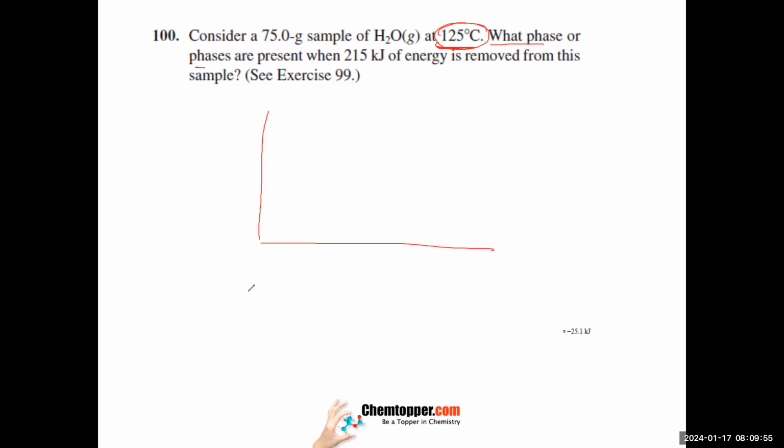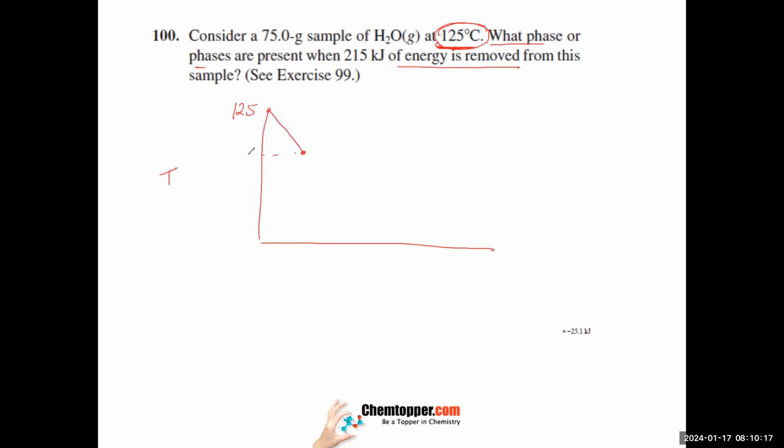Yes, at this temperature, 125, the phase is gas. Now you are removing heat. Energy is removed. So cooling curve. So the temperature will drop from 125 to 100.